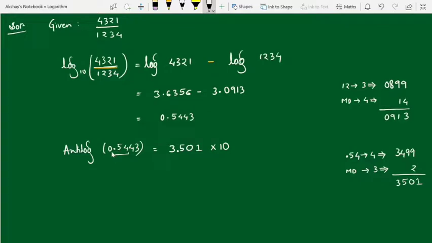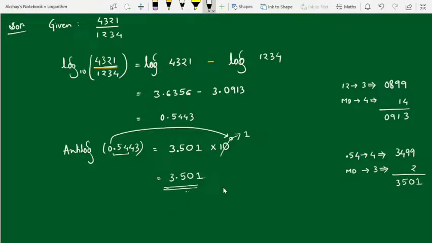Here 3 I have, here 0 I have. Which one I have to place here? This number's characteristic, 0. So anything raised to 0 is nothing but 1. So the final answer is 3.501. Clear? So this is the answer.